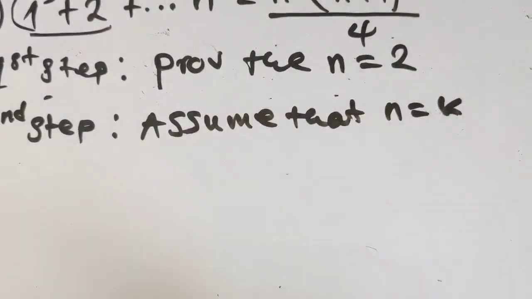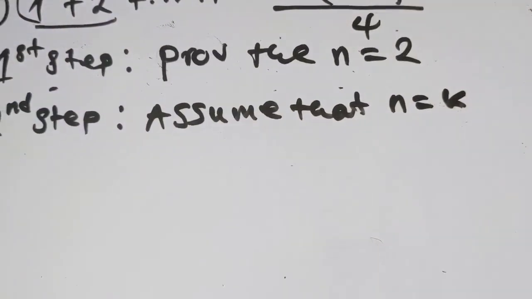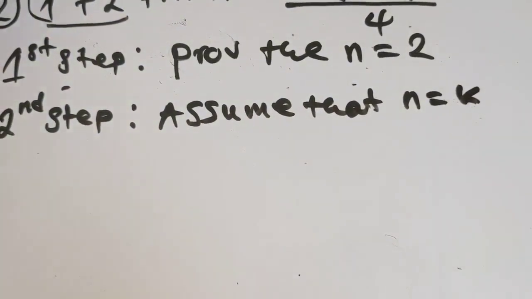That is how you write it. Assume that the statement is true for n is equal to k.